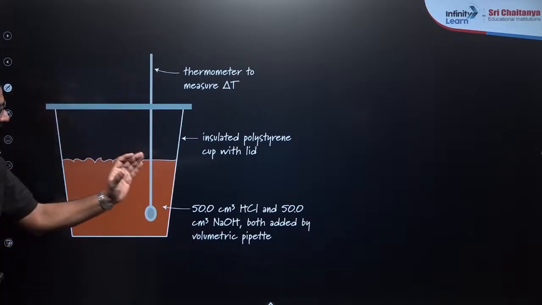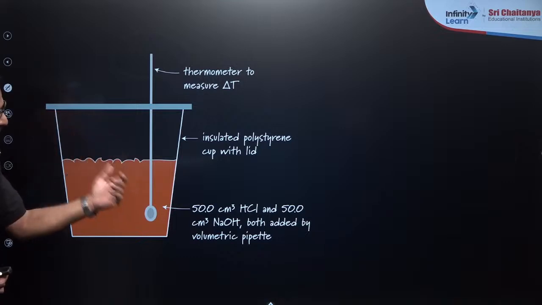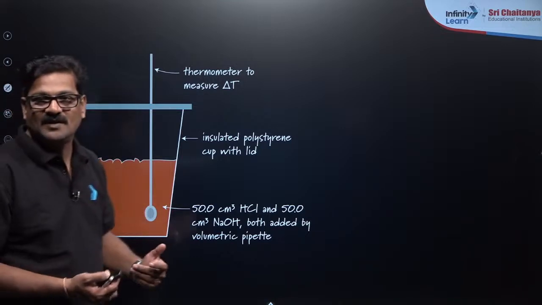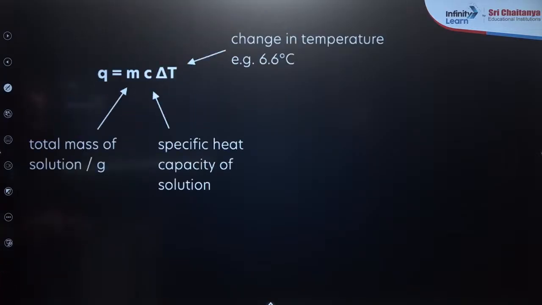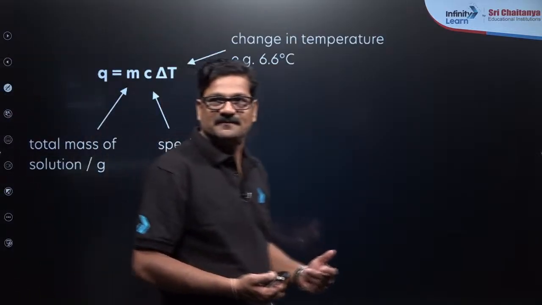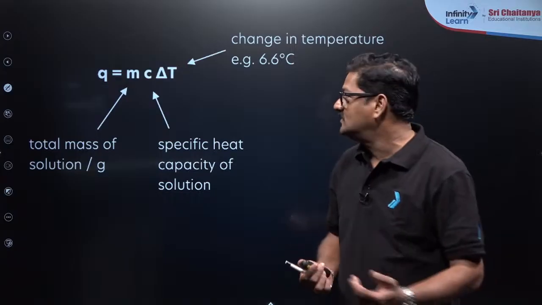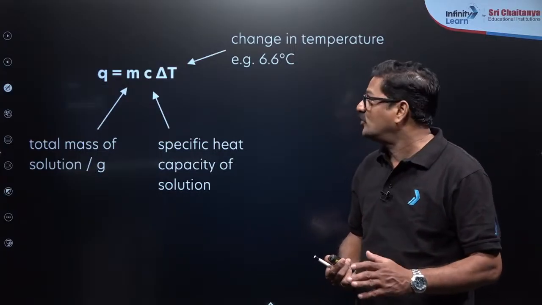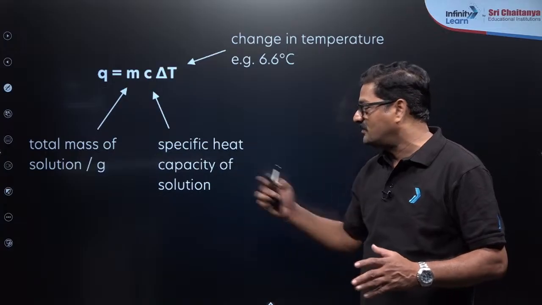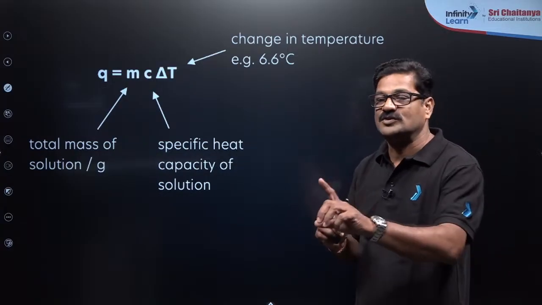So delta T has to be calculated from this, and enthalpy of neutralization is calculated. By using Q = mc delta T, Q is the heat released, m is the total mass of the solution per gram you can take, c is the specific heat capacity of the solution, delta T is equal to T2 minus T1.